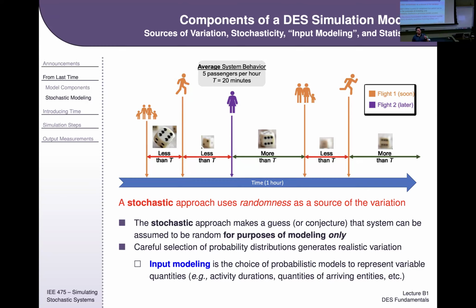Stochastic is not a synonym for random. A lot of people think it is. Stochasticity, or stochastic, is an approach to using randomness in order to make it simpler to model variation. Stochastic comes from the Greek word for guess or conjecture.